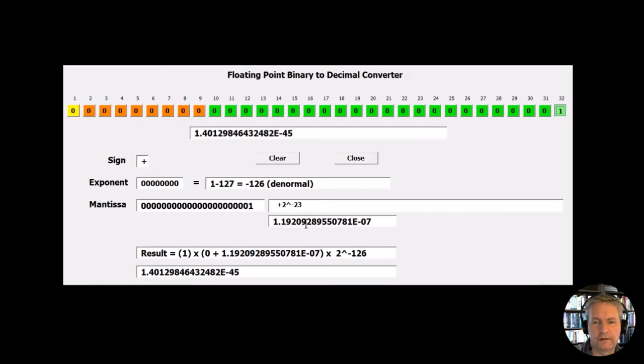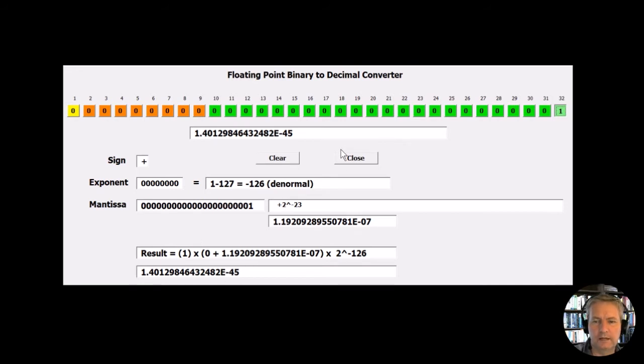Our final result is going to be 2 to the minus 126, times our mantissa, where for a subnormal number we add on the 0, and we also have our sign bit, which is a plus value, so it's a positive value. When we multiply these together, we get the smallest subnormal number, and that's this number here.